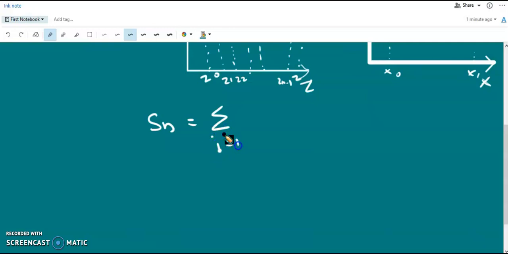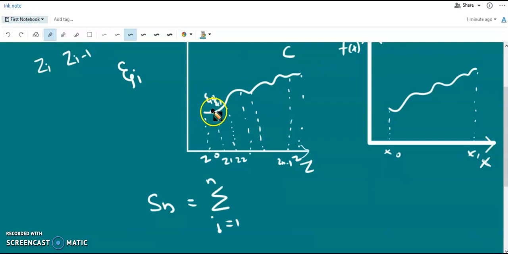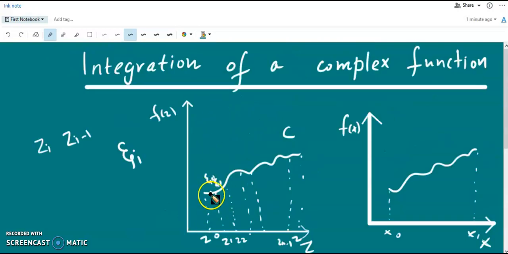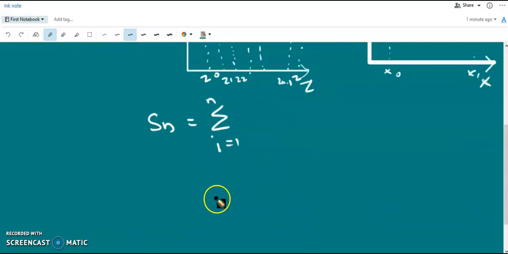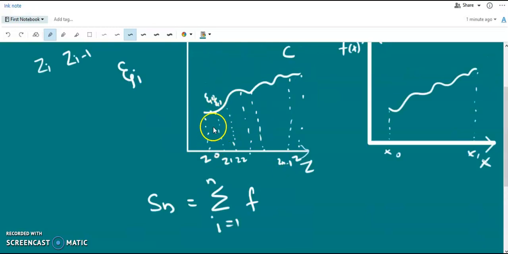So then the continuous summation Sn is equal to the summation, i goes from 1 to n. This point is zeta i and this height is f of zeta i. So the central point is zeta i, the height is f of zeta i and the breadth is z i minus z i minus 1.